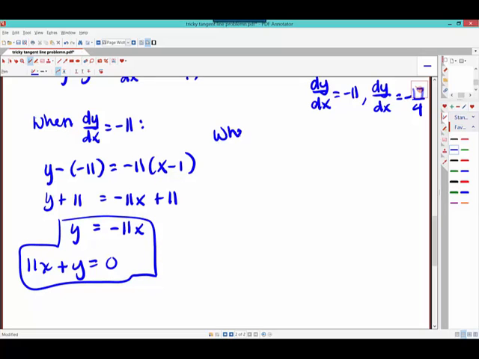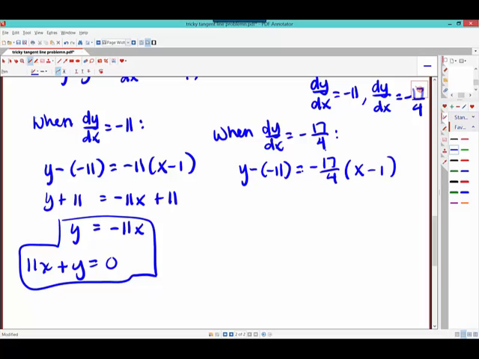Now, when dy/dx is equal to negative 17/4, we'll have y minus negative 11 is negative 17/4 times x minus 1. If we multiply everything by 4, we'll get 4y plus 44 is equal to negative 17x plus 17.